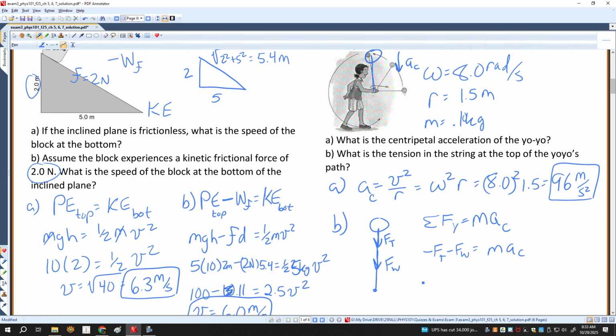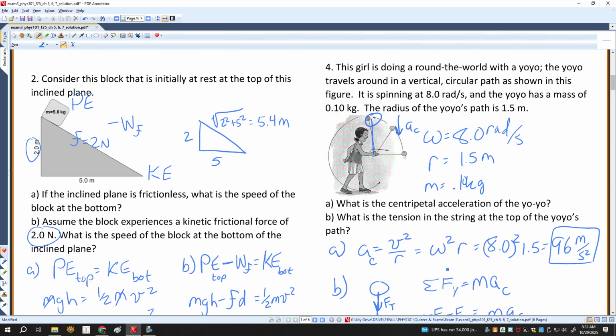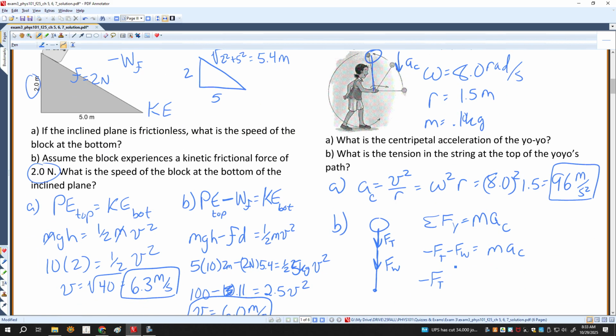So I have a negative Ft, Fw is, let's see, the mass is 0.10, so that's just going to be 1 Newton, is equal to 0.1 times the 96 meters per second squared. Now you've got to be really careful here with your signs, because this centripetal acceleration is in the negative direction, so I have to have a negative right there.